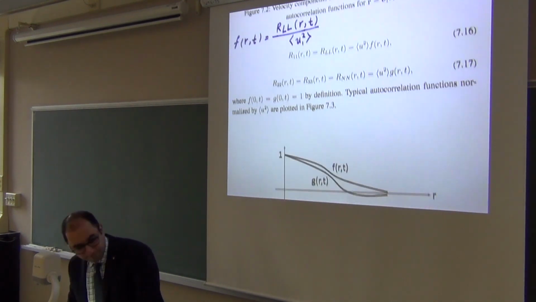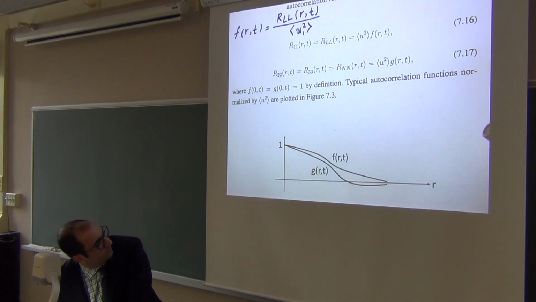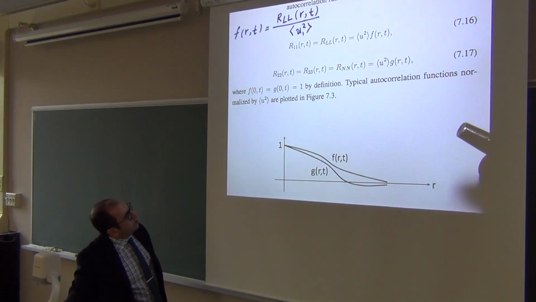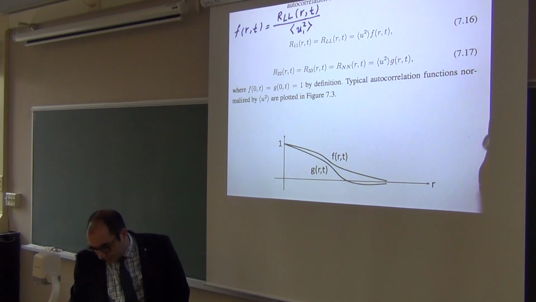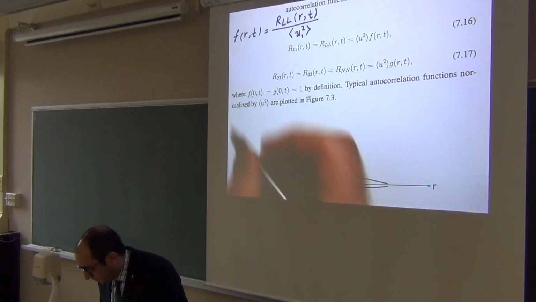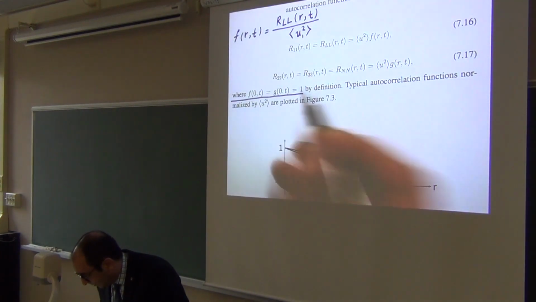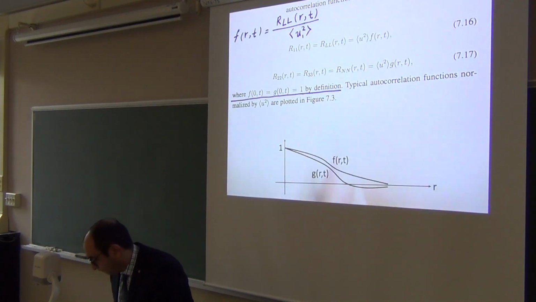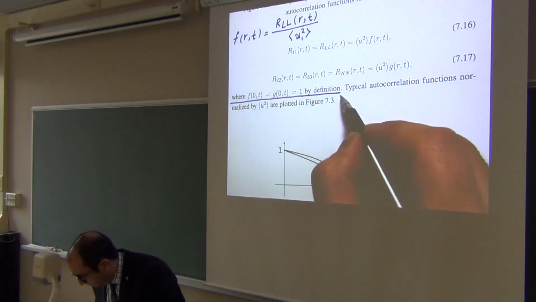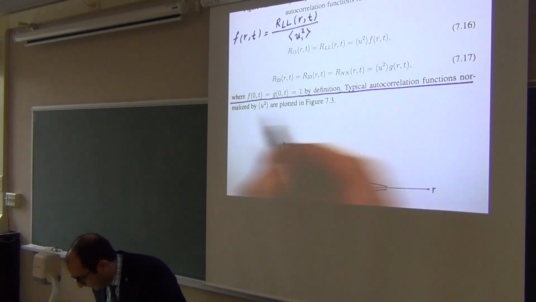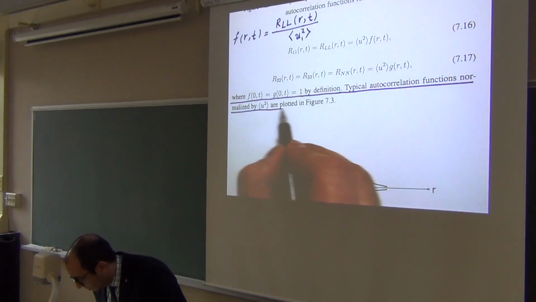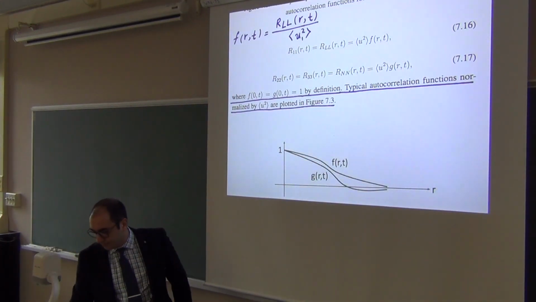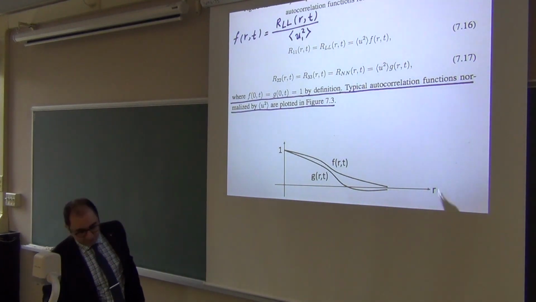By definition, if there is no separation distance, both F and G must be equal to 1. And they vary, actually decline, as the separation distance increases.